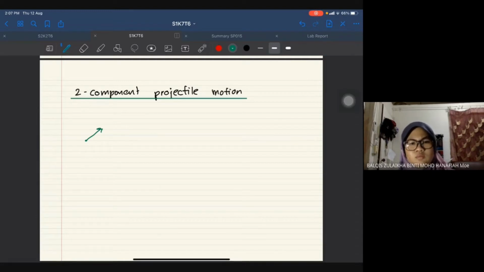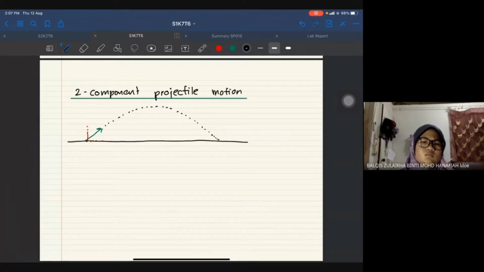So this arrow is not along the x component, it's not along the y axis. Then you expect that this arrow will travel roughly along this path. Say this is a level playing field, one level, so this arrow will end up over here.